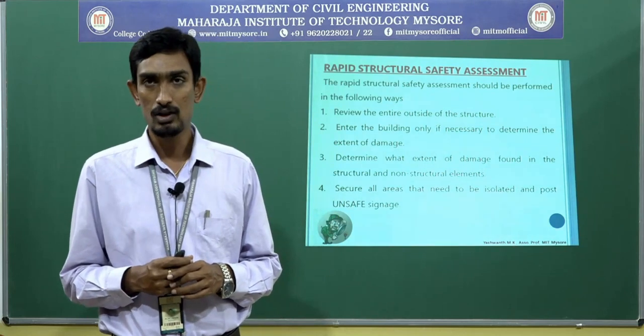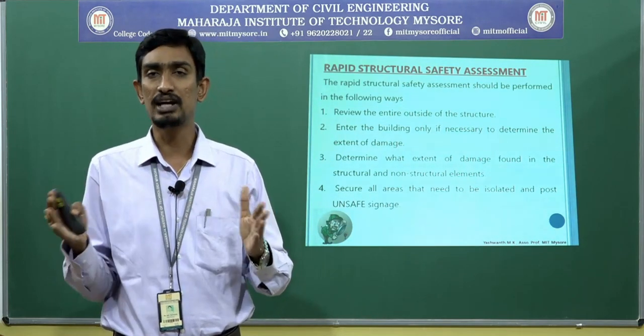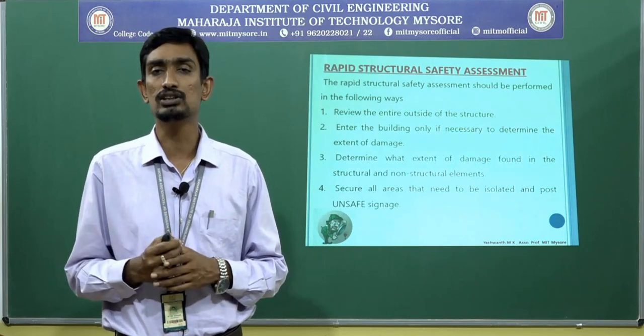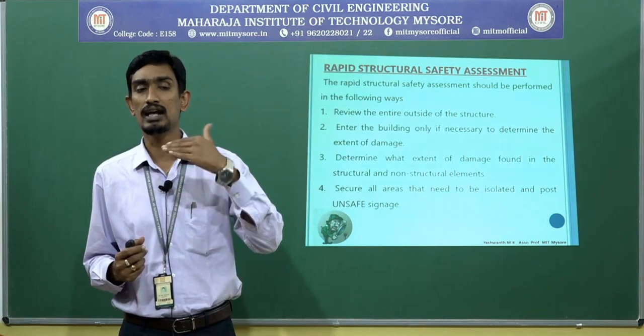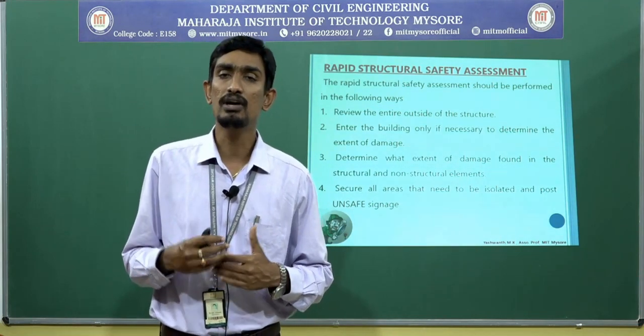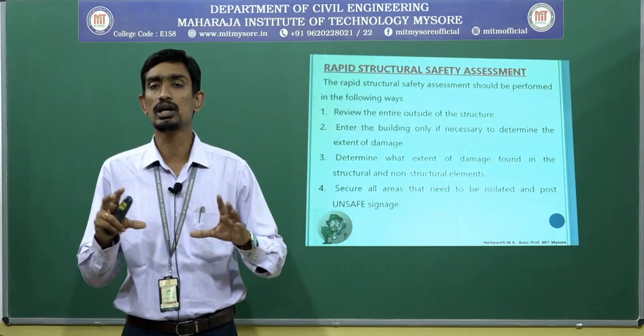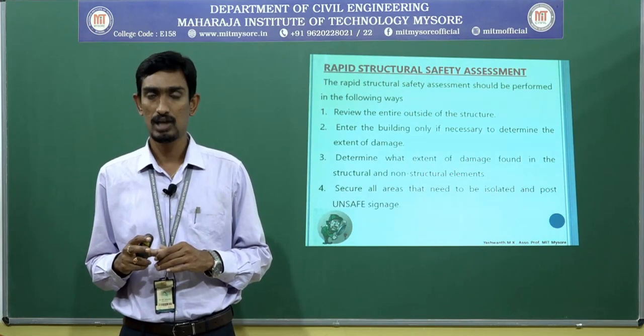I also classified structural and non-structural components, and all those things have been discussed. So that means I need to come to a conclusion very fast, in order to post the sign of unsafe for occupancy. Is it clear?